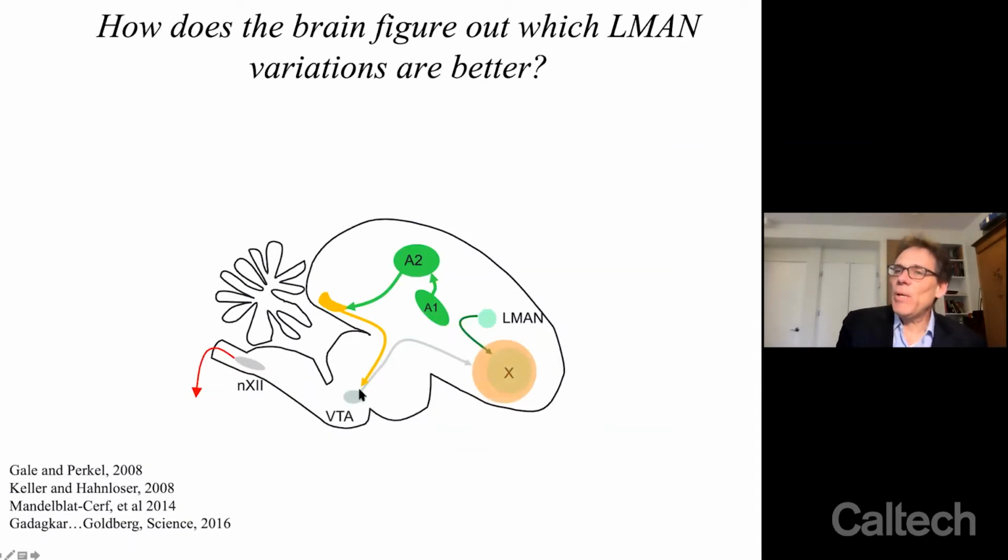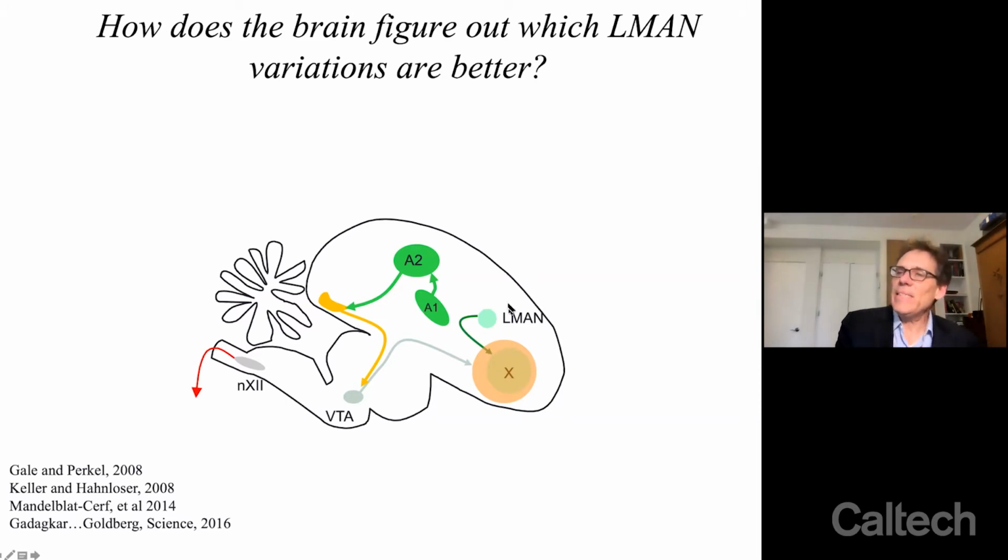So in principle, now with this VTA reinforcement signal, Area X could correlate the L-man activity with song performance and figure out which variations make the song better. Now, it's important to note that this isn't really enough to implement song learning.